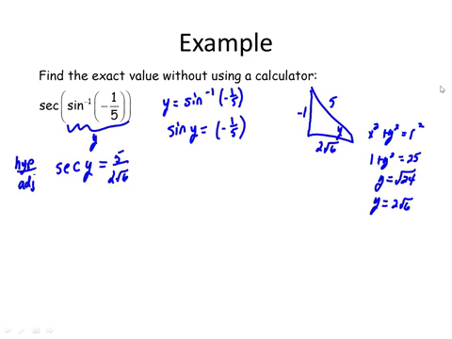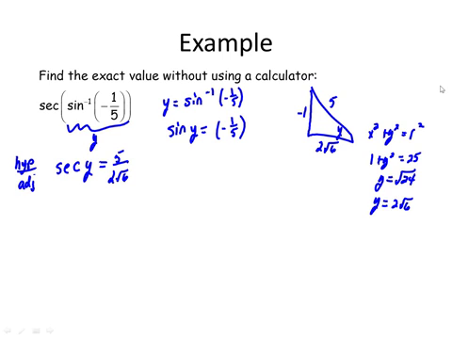So when it's asking you for arc sine, or sine inverse, of negative 1/5, basically it's asking you: sine of what is negative 1/5? Once you plug that into your triangle and you figure out the other side, then you can go to your outside function, which is what's important. Because on the inside, your argument, all you're trying to do is figure out the other side.